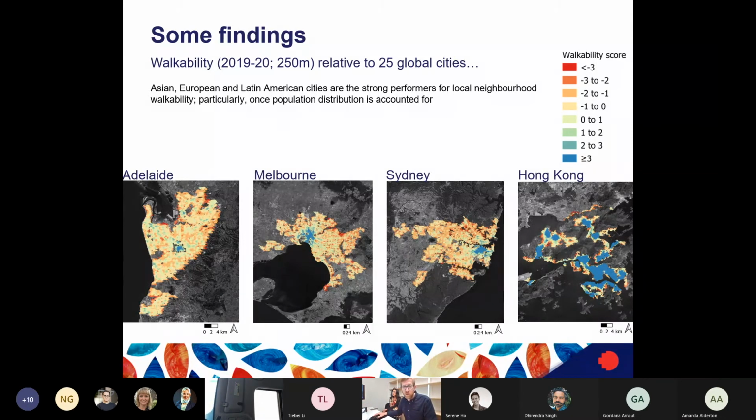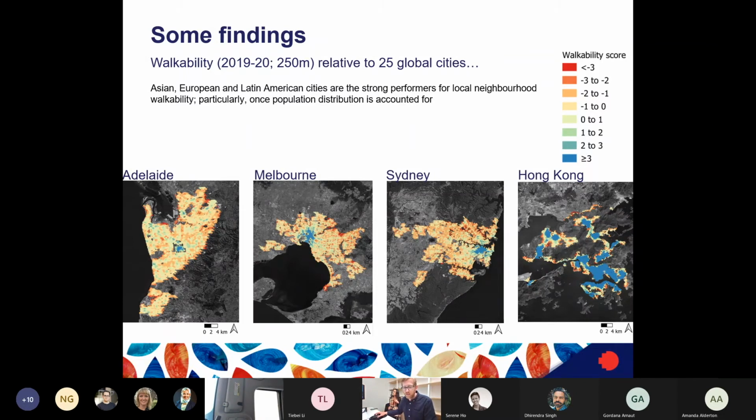So it's also not surprising that a very dense city such as Hong Kong does better on all three of those measures than our cities in terms of coverage of the city. What these images hint towards, but don't tell the full story of, is the population location.